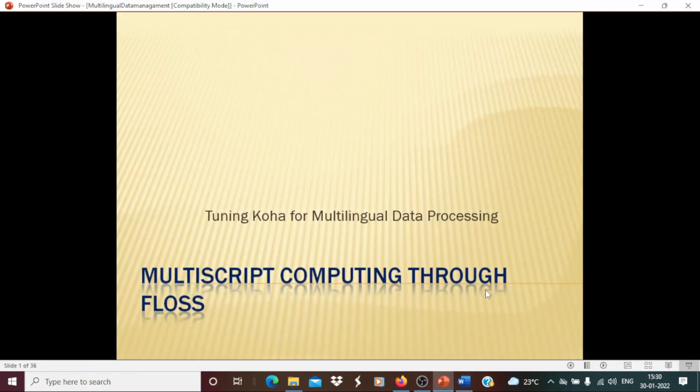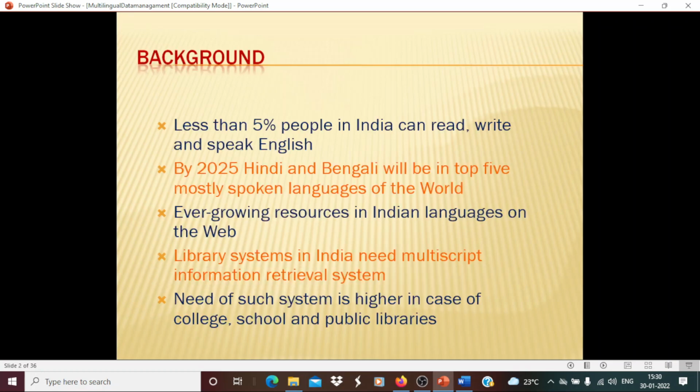So, how multi-script computing through open source software can be done, particularly for the purpose of library retrieval. Amazingly, you know that less than 5% of people in India can read, write, and speak in English.